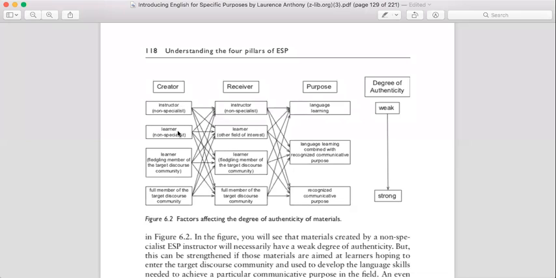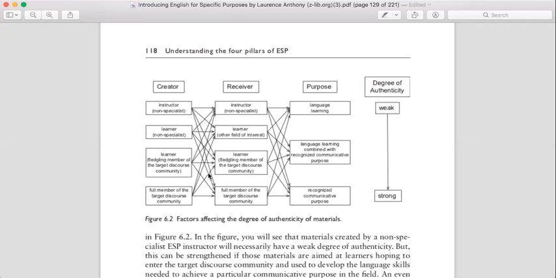Okay, then the authenticity increases if this is created by a learner or instructor who is a member of the target discourse community. Okay, just not the native speaker, but he is a member of the target discourse community. He's living there, he's interacting with people all the time, he knows the availability of the samples, and he knows what kind of conversation might make an authentic sample.